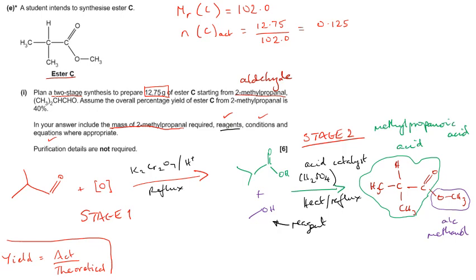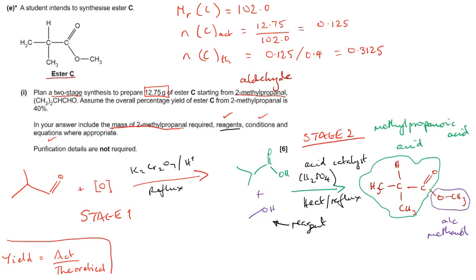Moles of C theoretical, from that equation, is 0.125 over the 0.4 yield, and that comes to 0.3125 that we could have made if we'd had 100% yield.